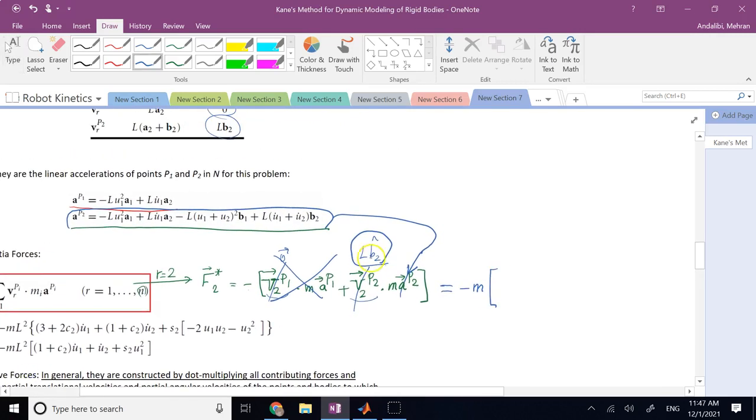And then it's going to be LB2 dot negative LU1 squared A1. LB2 dot negative LU1 squared A1. This is the first term.